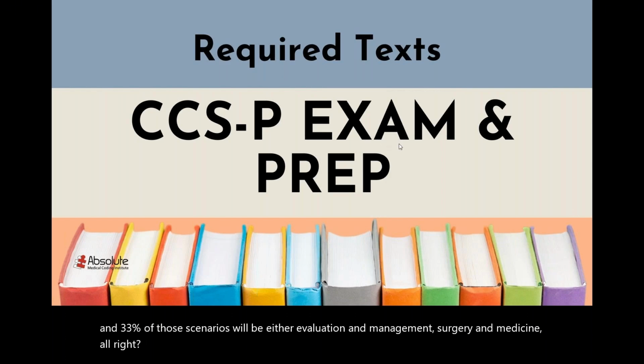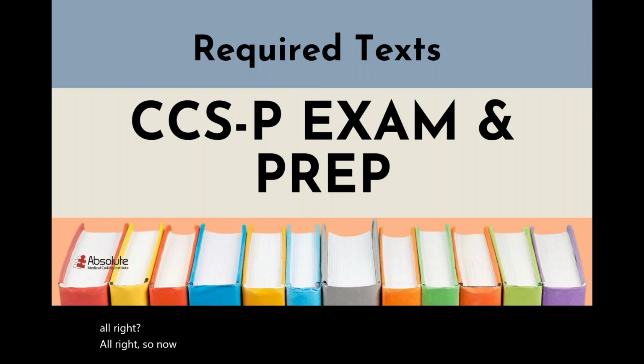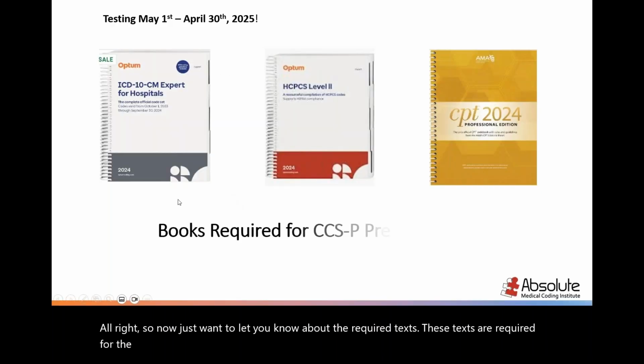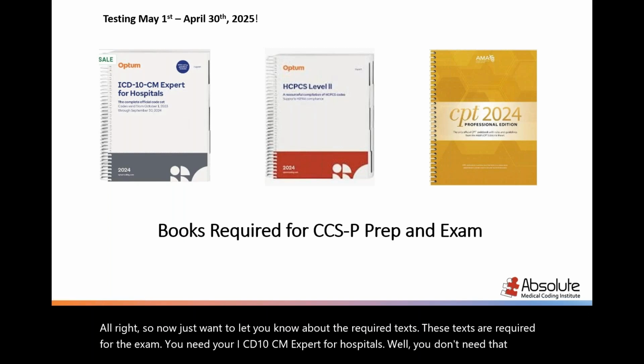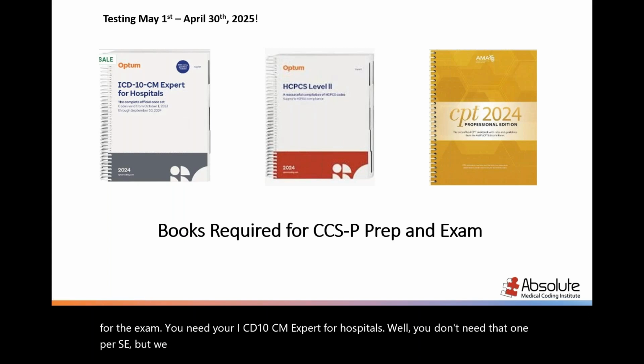All right. So now I just want to let you know about the required texts. These texts are required for the exam. You need your ICD-10-CM expert for hospitals. Well, you don't need that one per se, but we recommend it if you intend to continue and take your CCS, your HCPCS Level 2, and your CPT 2024.